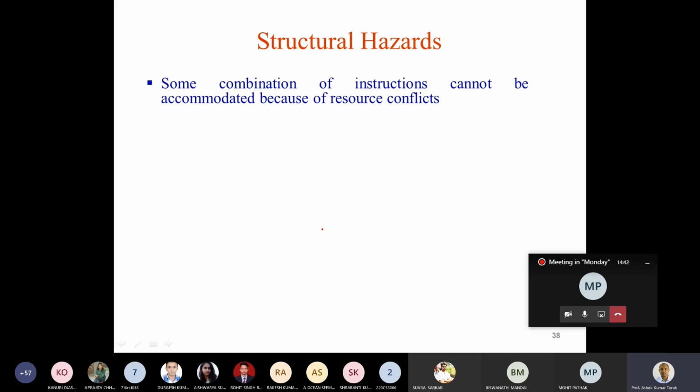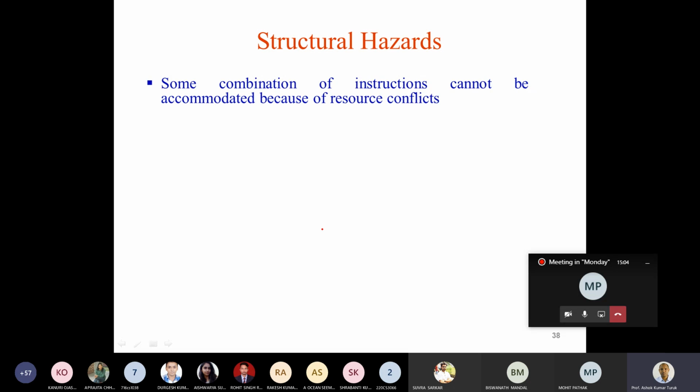Now, structural hazard occurs because some combination of instructions cannot be accommodated because of a resource conflict. That means this structural hazard arises only because there is a conflict in the resources in executing two instructions.